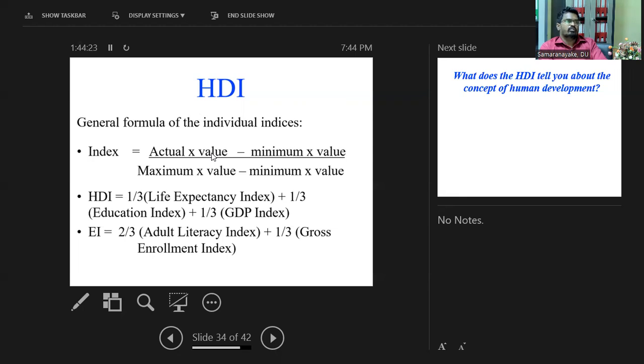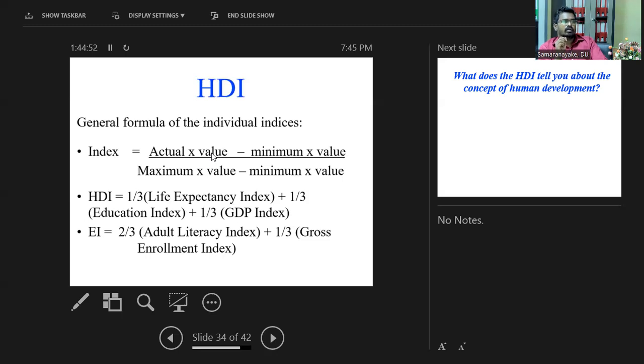Now we know what minimum and maximum mean. For example, if it comes to life expectancy, the minimum is 0 and the maximum is 100. And actual means the value we are considering for this particular society or person. So it's the actual value minus the minimum value, divided by the maximum value minus the minimum value. That is how we calculate this index.